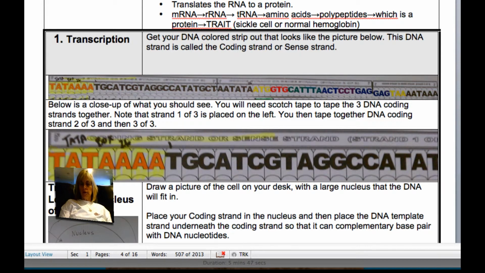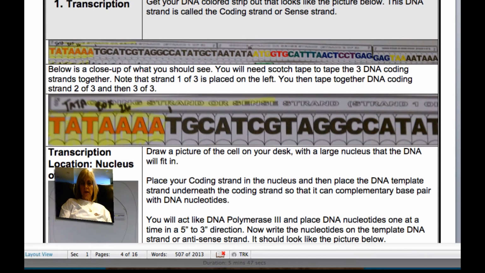Butt the strands very closely together and tape strand 2 of 3 next to that, and then strand 3 of 3. You should have 1 of 3, 2 of 3, and 3 of 3 all taped together in a nice linear sequence.